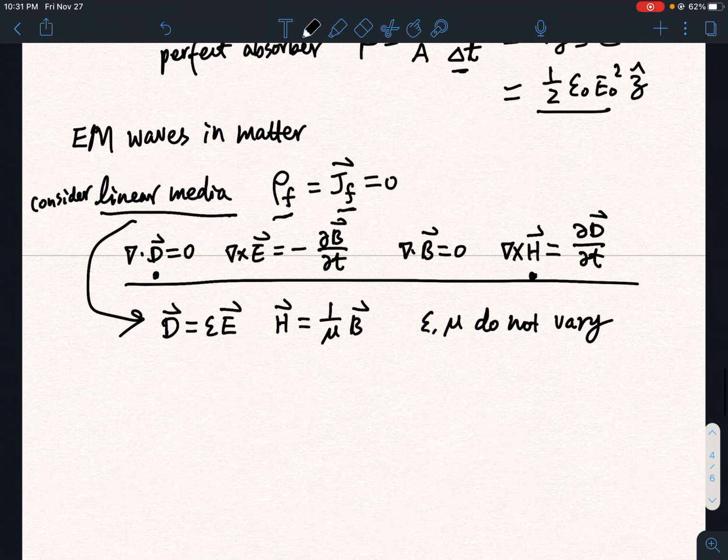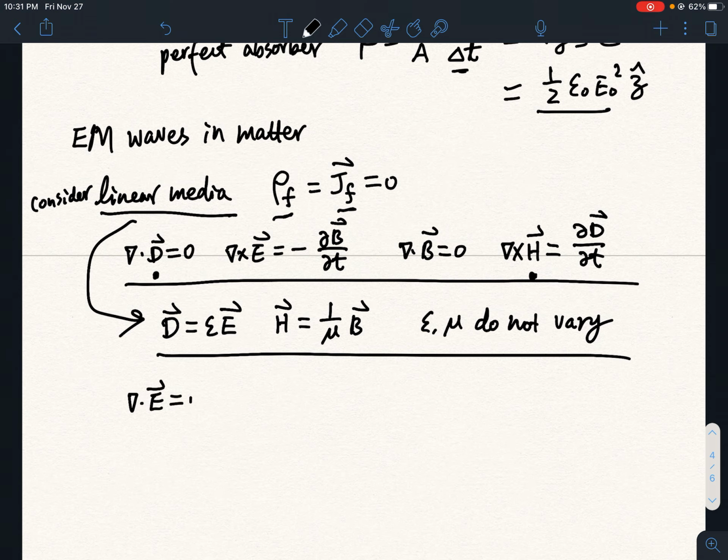Once we have these assumptions, we simplify the equations, because D is just proportional to E and epsilon is a constant, so we have del dot B equals 0. And this equation is still the same.